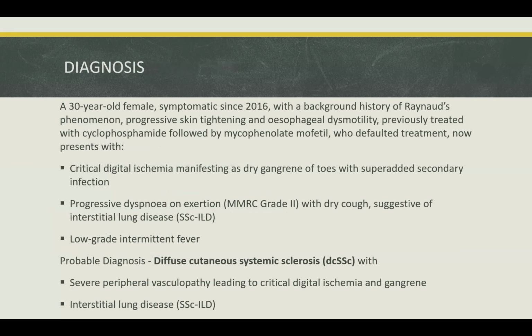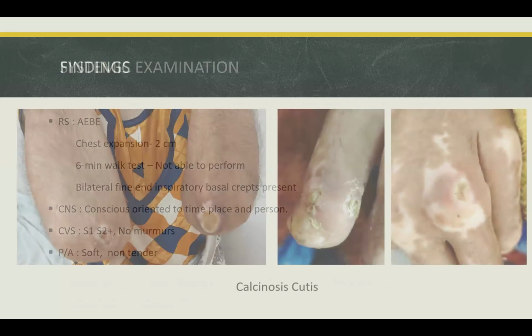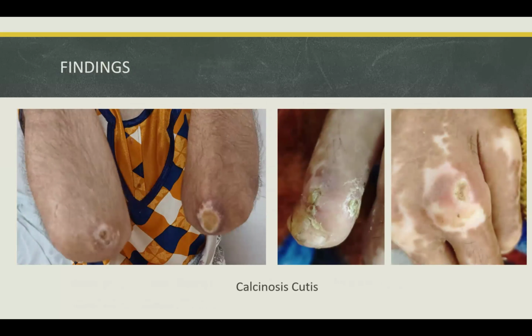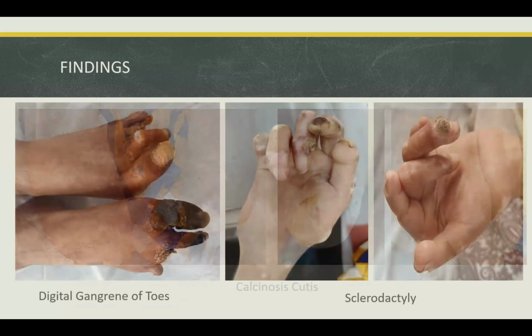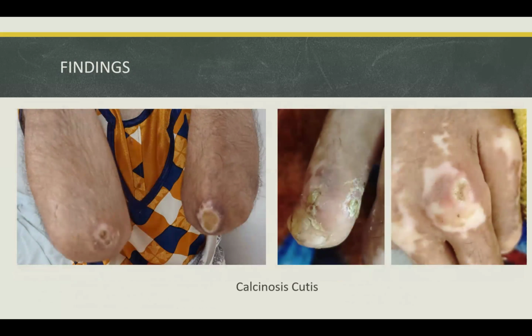So could you please go back to calcinosis cutis? You didn't tell us properly. These are beautiful pictures for the PGs, I mean for the SRs in rheumatology over here. Could you please explain how you examine and could you please explain these findings?